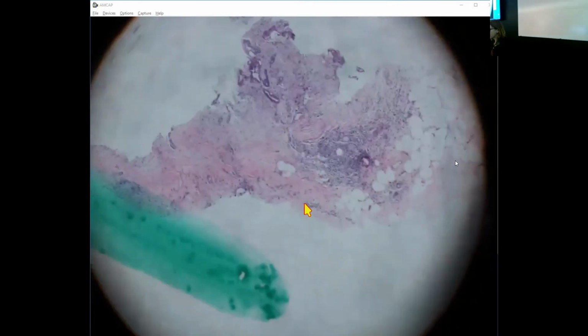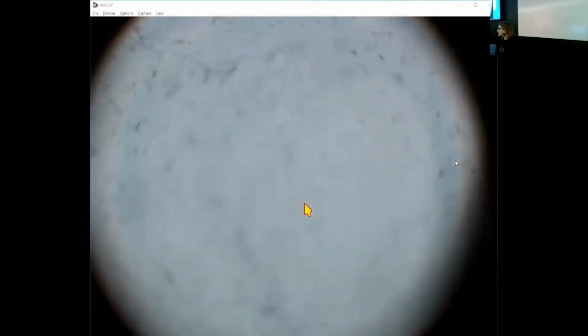I would add one little caveat: it's been my experience that with adenomyoepitheliomas, you might think you see a lot of myoepithelial cells, but they don't always stain exactly as you would imagine. You'd expect them to be strongly positive for p63, smooth muscle myosin heavy chain, or calponin, but it doesn't always do that. I think it's part of the myoepithelial cells being neoplastic or atypical, abnormal in some way, that they don't always stain as you would expect.